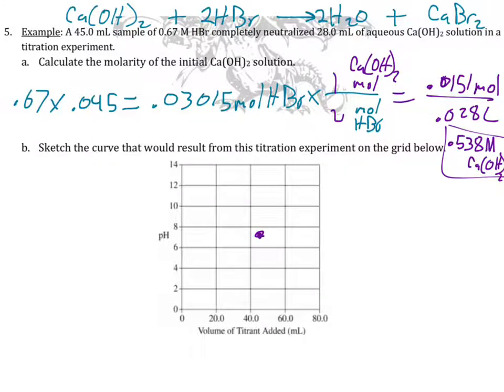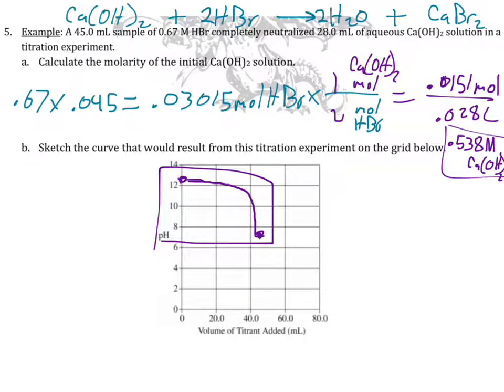The unknown happens to be a basic solution, so we're just going to start up here. When you're graphing it, remember that it's going to be basic, basic, basic until it gets to the point at which it's neutralized, and then there's a drastic drop. Based on what we see in this particular problem, this is all of the information that the problem gives us.